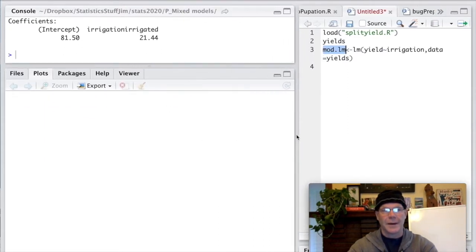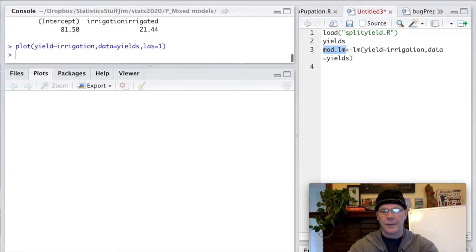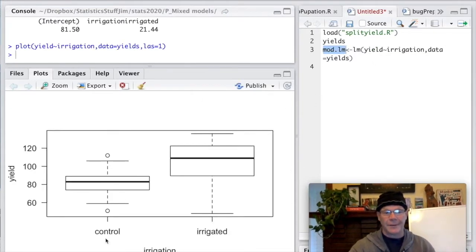We can think about what we're actually doing when we do this. There's a box plot. Here is the control, and here is the irrigated. Again, we're interested in whether there's an effect of irrigation on the yield, and just by eyeballing that box plot, it looks like there probably is.